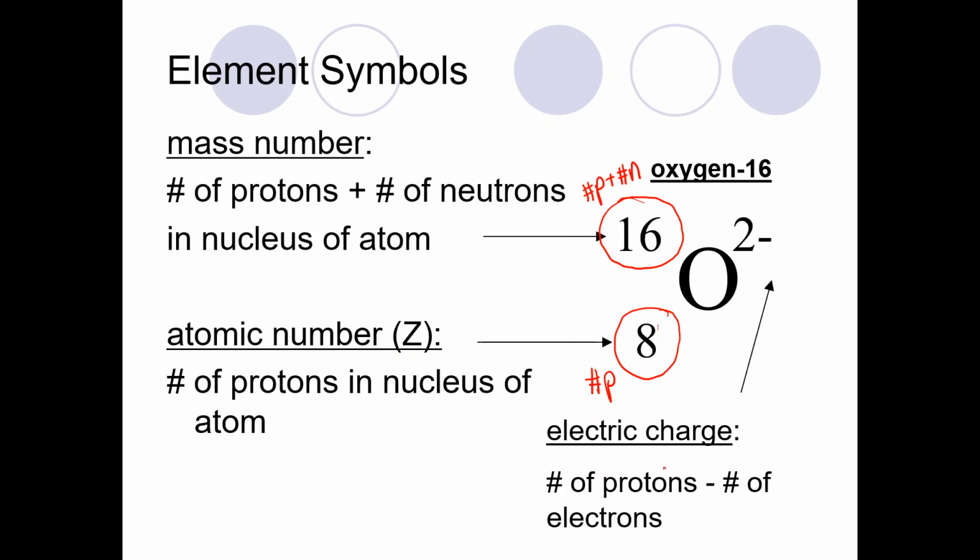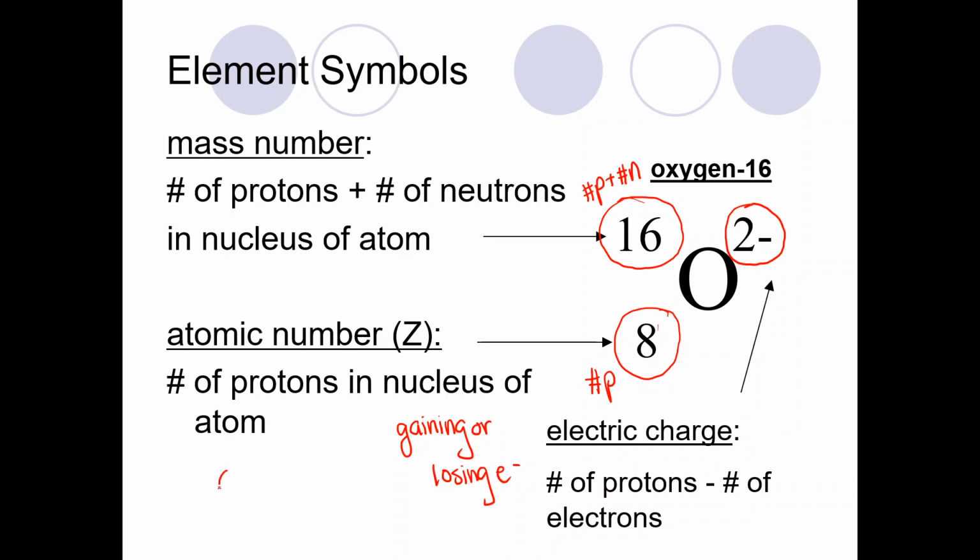Now, sometimes you're going to see a charge written up here on your top right. The way that atoms get charge is by gaining or losing electrons. So normally, your number of protons and your number of electrons are equal, right?